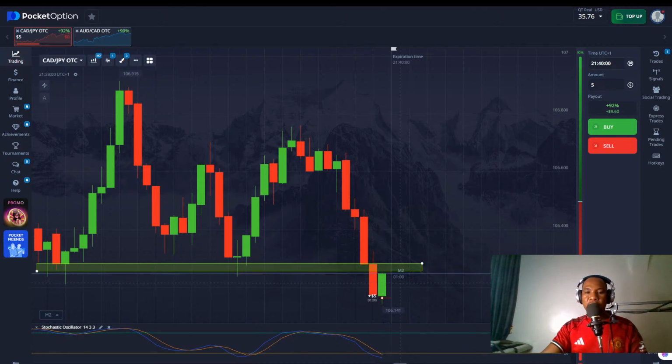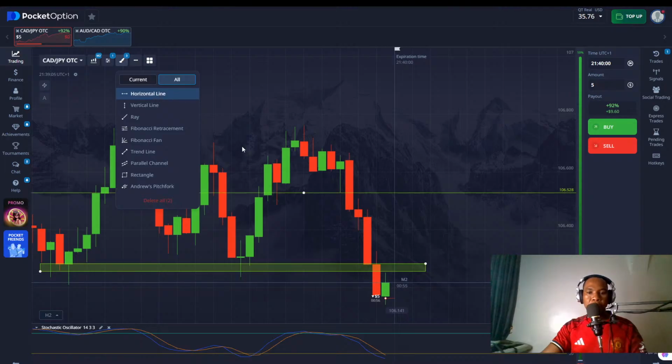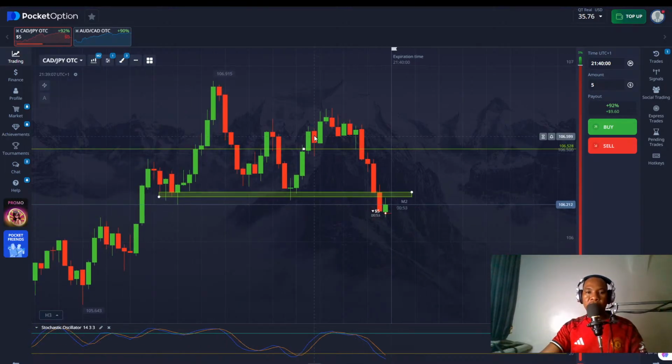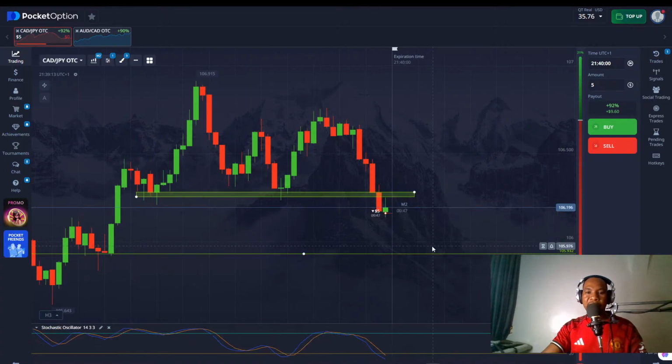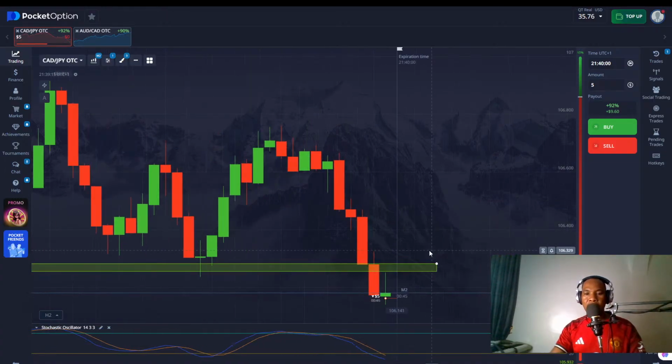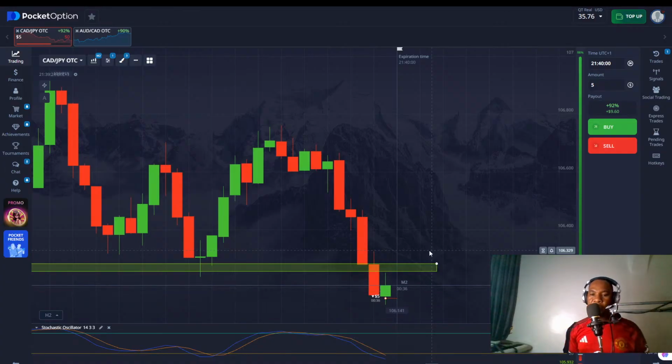Now the support will become resistance. So overall, I'm expecting price to come back to that level. Let's see how this trade is going to close to determine our next trade.